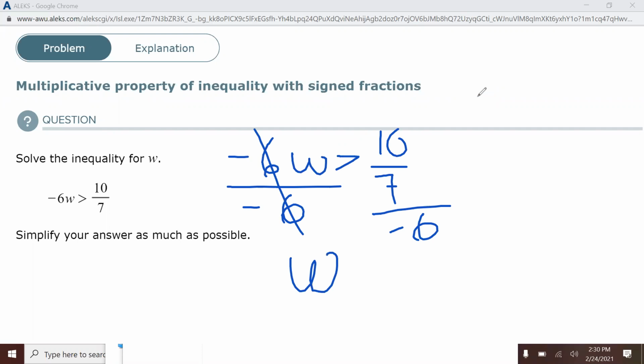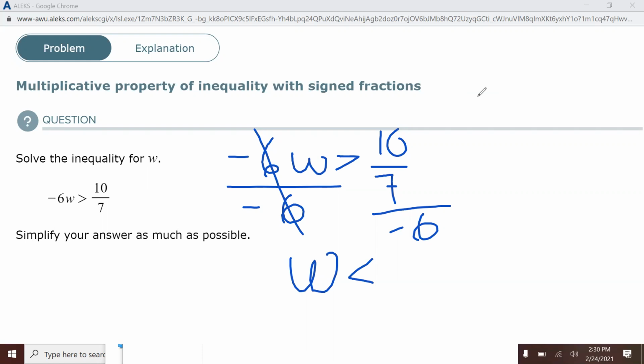Now, there's a couple of things we need to be mindful of in this particular problem. First, and most importantly, is when you multiply or divide an inequality statement by a negative number, the inequality symbol switches direction. Only when you multiply or divide by a negative.